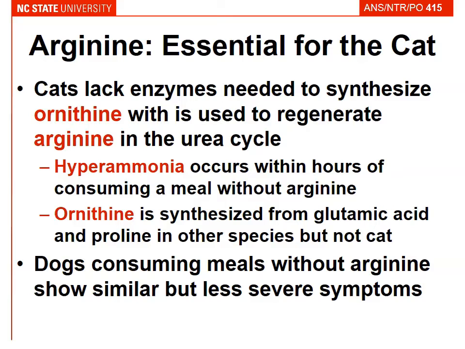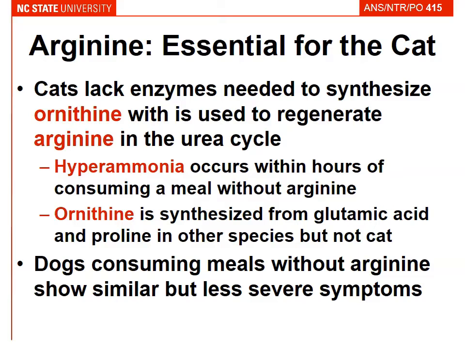Now, dogs, even though they are not obligate carnivores, if you feed them a diet without arginine, you'll still see some signs of ammonia toxicity. It is not as severe as what you observe with the cats. So all the more reason to stay away from the crazy diets that people come up with for dogs.